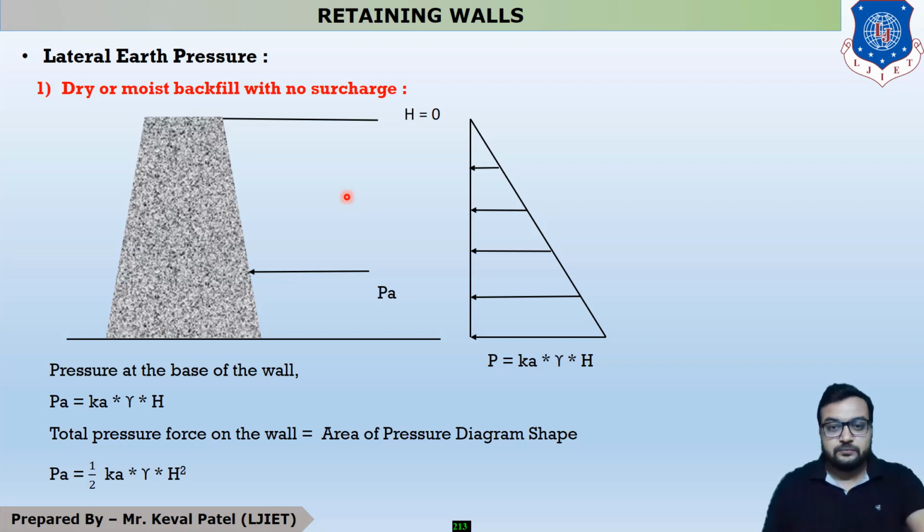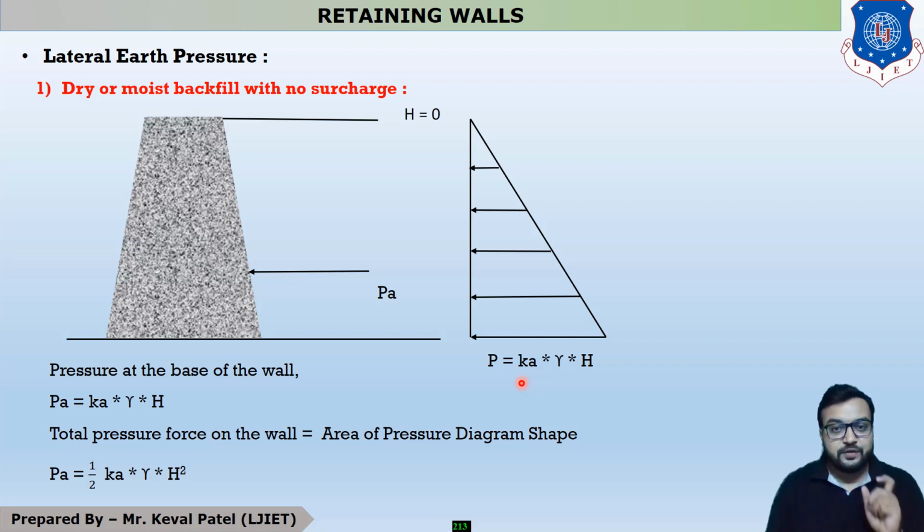You all know that pressure increases with increasing height. It means P is proportional to H, and your backfill is trying to go to the away side. This away means active, so your coefficient is Ka.